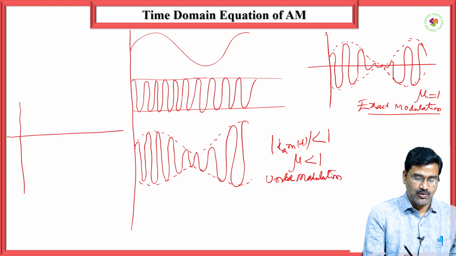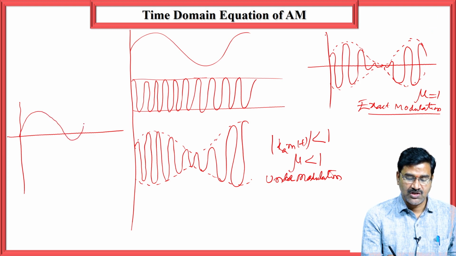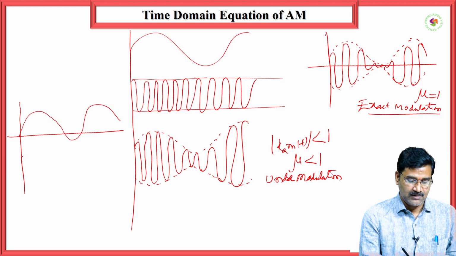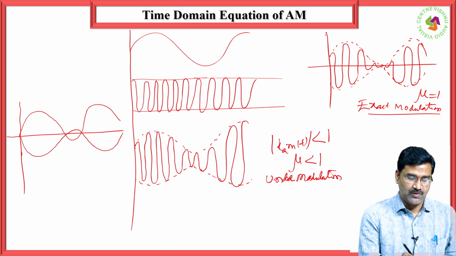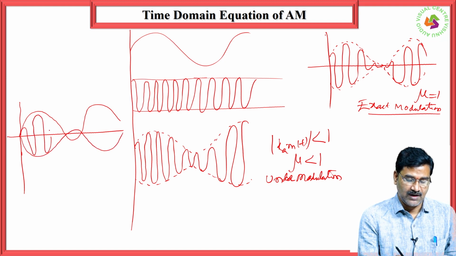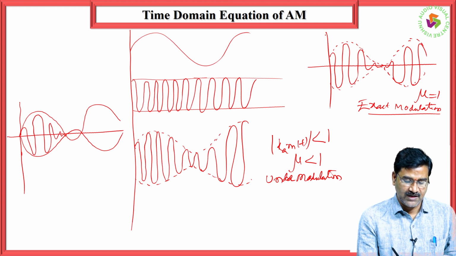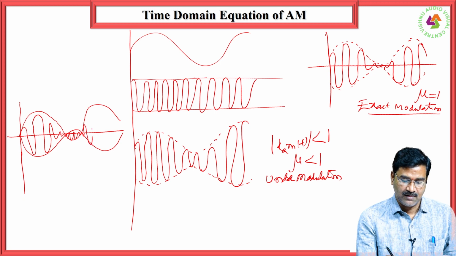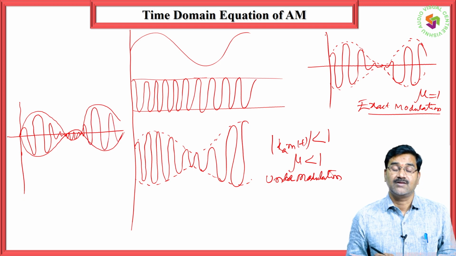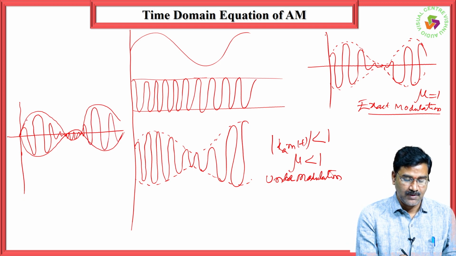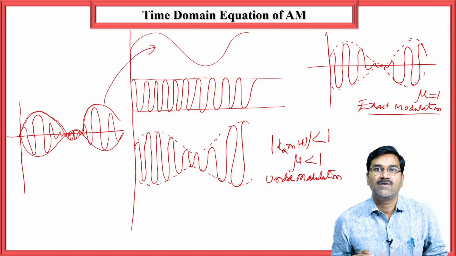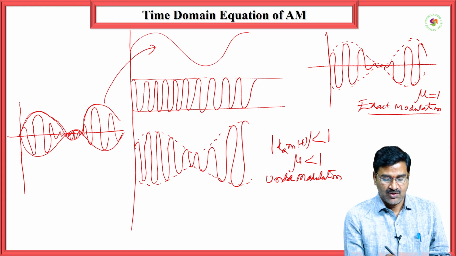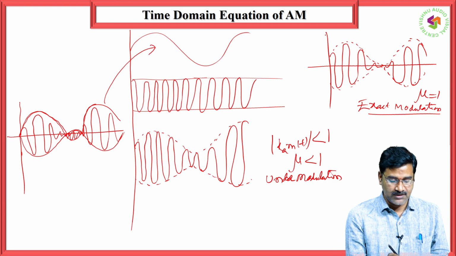If you look at the over modulation case, where your signal will cross this axis like this, inside it you will have the carrier. Whenever it is crossing 0, a phase reversal will be there. So now if you look, the envelope is not following your message. Always we try to avoid this particular situation.